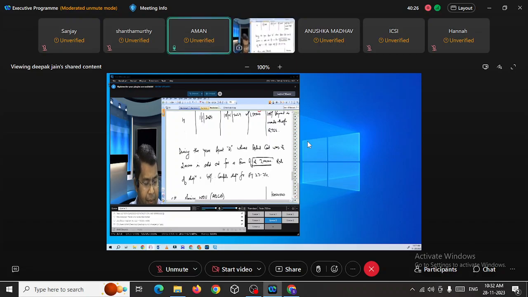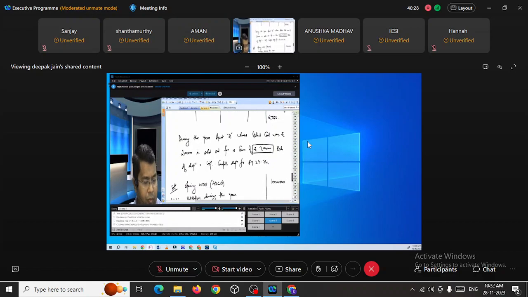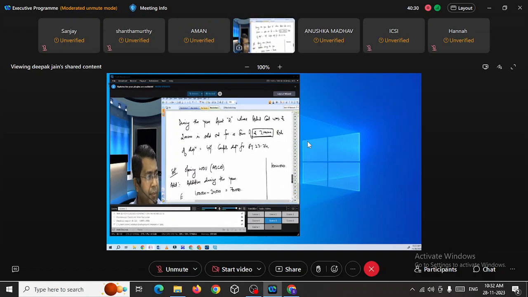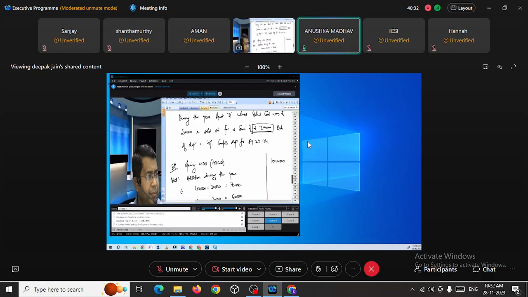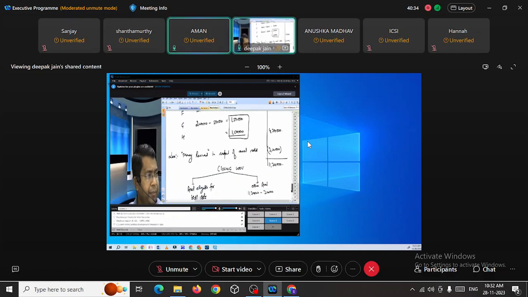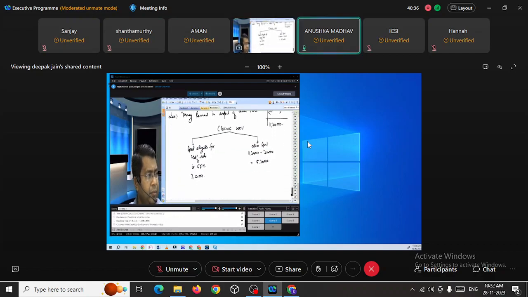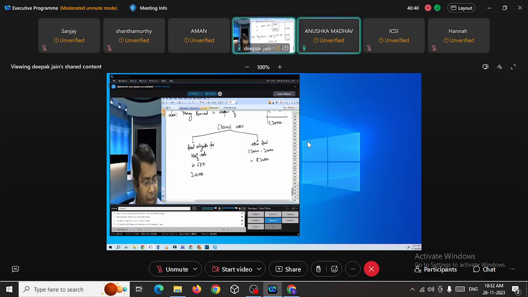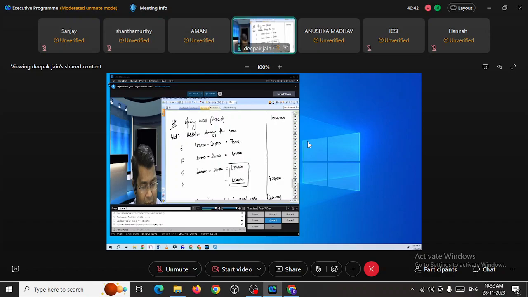Okay, I had not noted that down, sir. Asset eligible for half rate is 3,50,000. No beta, this one is the actual cost of G and H in the eyes of income tax. Okay.